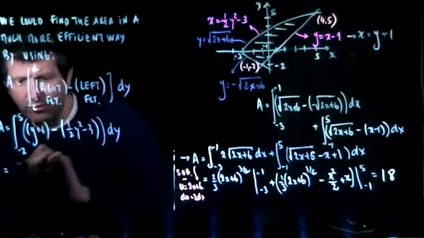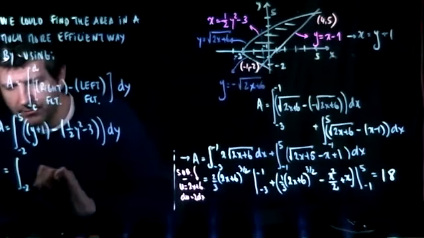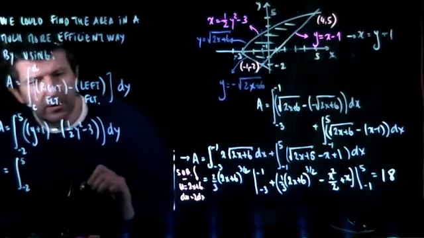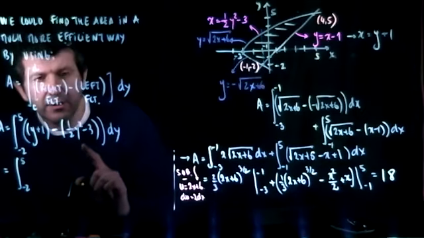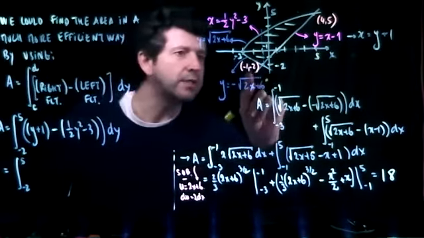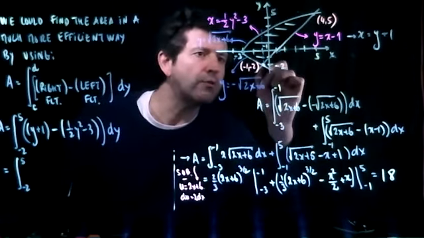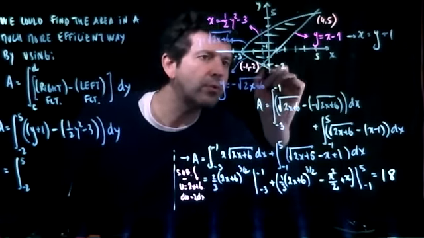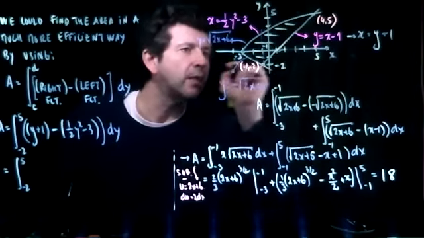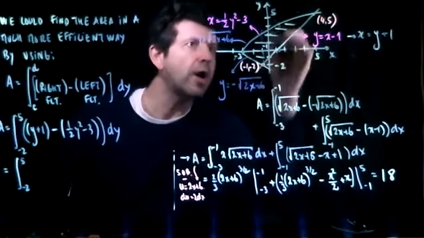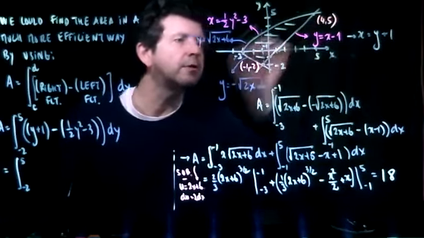So the antiderivative. Sir, where is the -2 coming from? Oh, because it's the y of this point, the lowest point in my region, and the highest point in my region is 5.